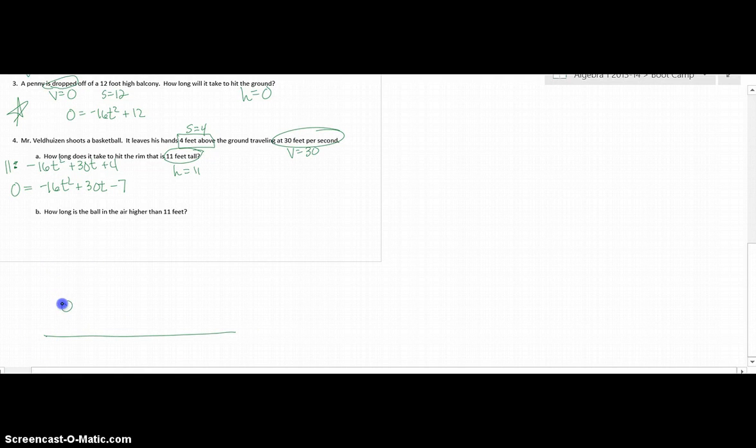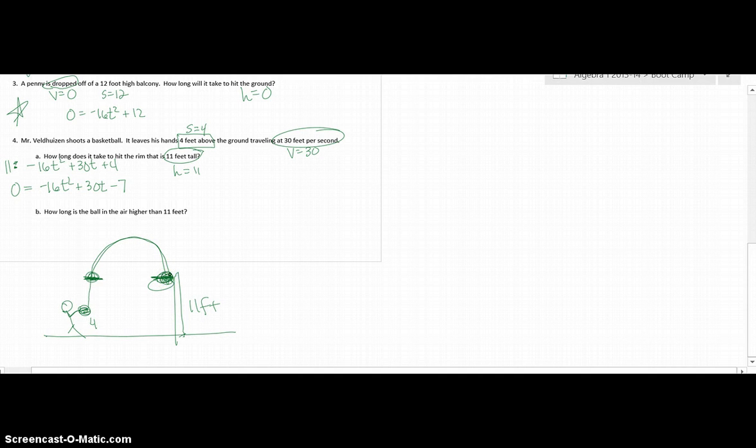If we have a person who is shooting this basketball into a basket, excuse my drawing skills here. If we start at a height of 4 feet and we shoot it up into the basket, if the basket is 11 feet tall, you could see that it's at a height of 11 feet here and here. So this is going to be your first x-intercept. This is going to be your second x-intercept.